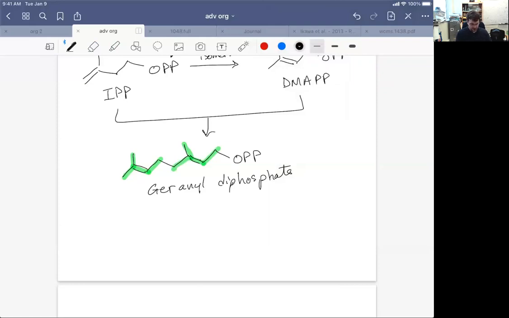I won't go into that, but we could add another IPP. And after we add the IPP, we actually lose inorganic diphosphate, which I write as PPi, and an H+. That's going to extend this terpene by one isoprene unit.